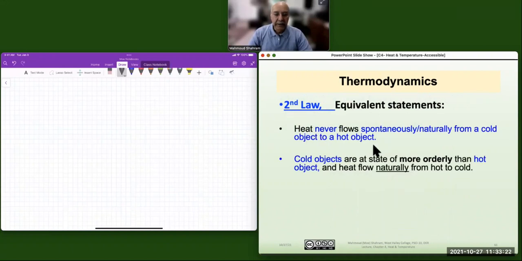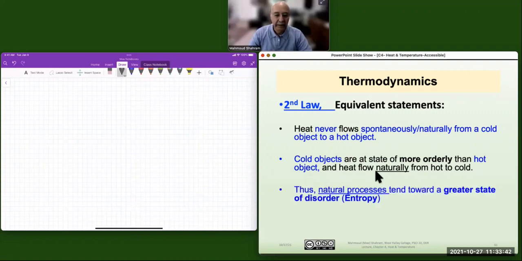The second law says that heat never flows spontaneously, naturally from a cold object to a hot one, so we know that already. These are different statements that say the same thing. Cold objects are in a more orderly state than hot ones, and the heat flows naturally from hot to cold.